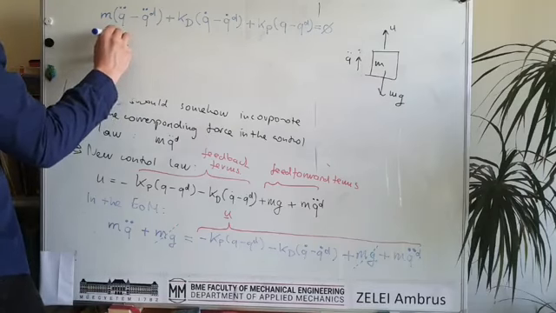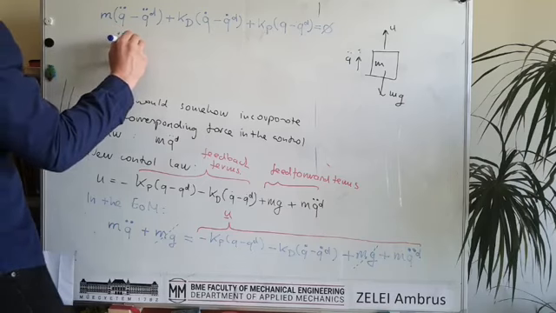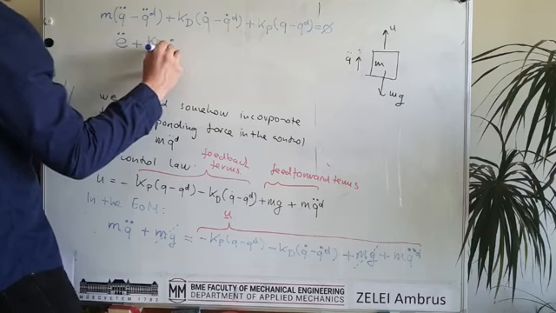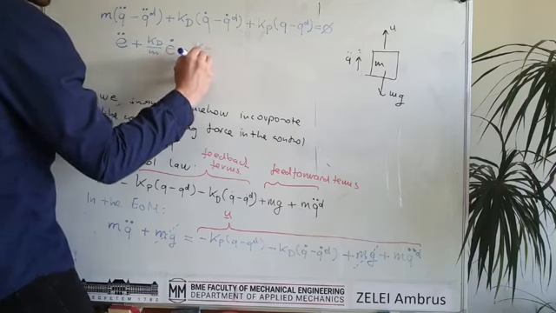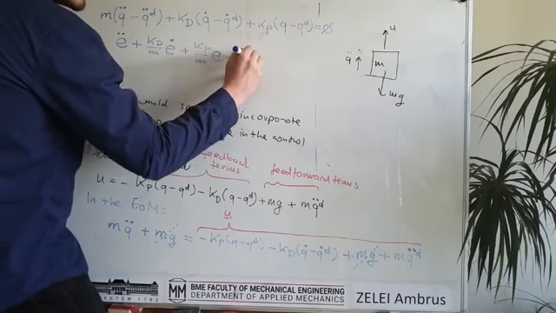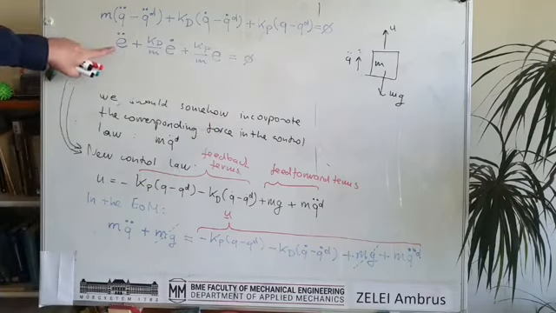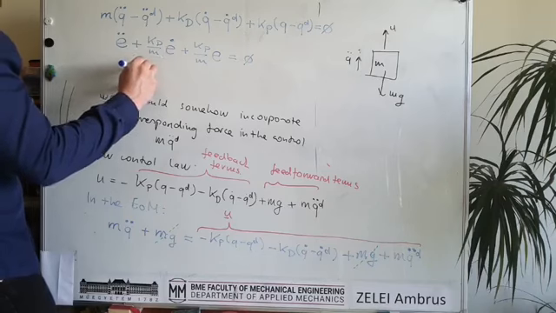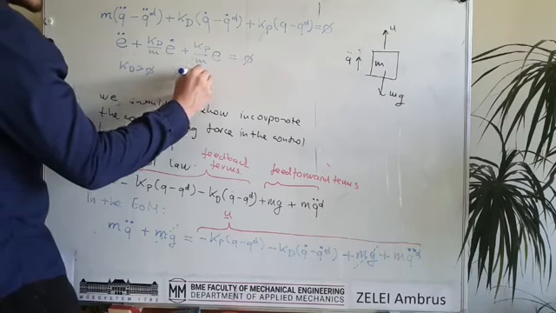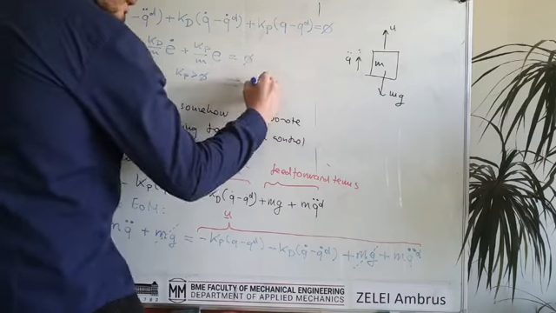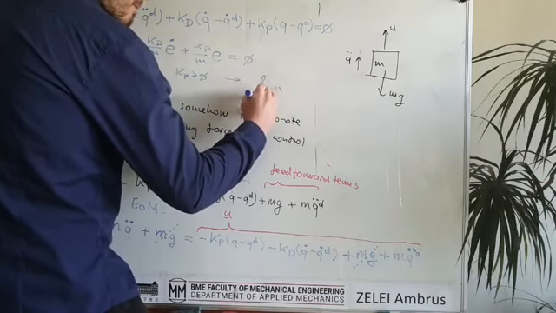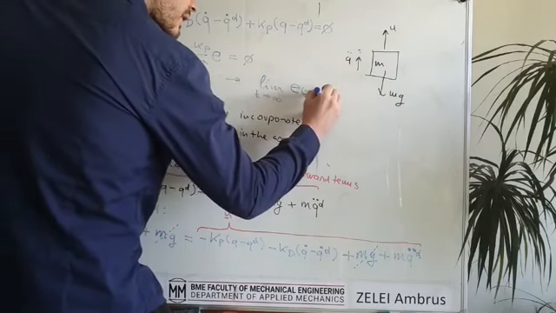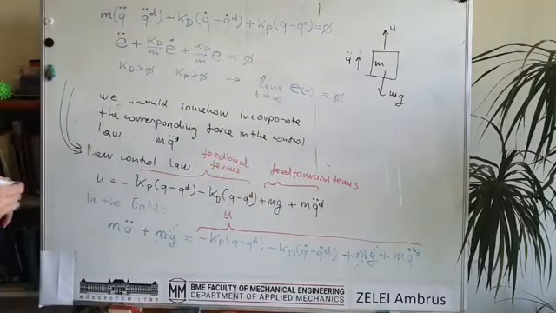So the acceleration of the error plus Kd over m times the velocity of the error plus Kp over m times the error will be equal exactly to 0, and it guarantees that the error will go to 0. Okay, so if you have positive Kp and Kd terms, then it guarantees that the limit, when time goes to infinity, of the error is 0, and you can reach your control goal.